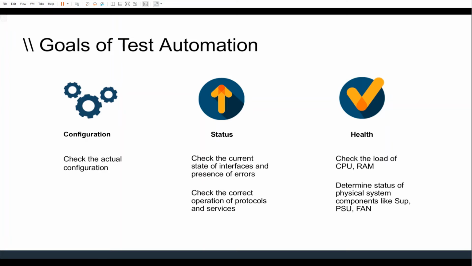For example, validate the current state of interfaces and check the presence of CRC errors on them, or check the correct operation of OSPF, BGP, NTP, and other protocols. And finally, you can make sure that device is healthy by determining the current status of physical components like supervisor, power unit, fan, and by retrieving load values of CPU, RAM, etc.